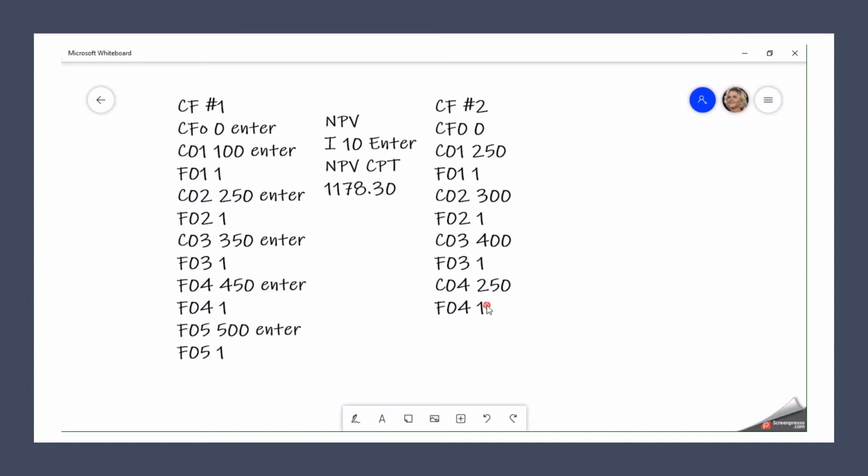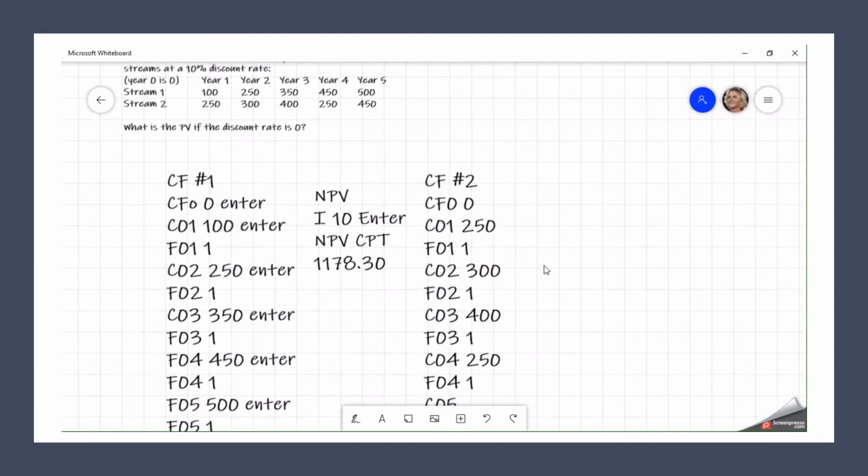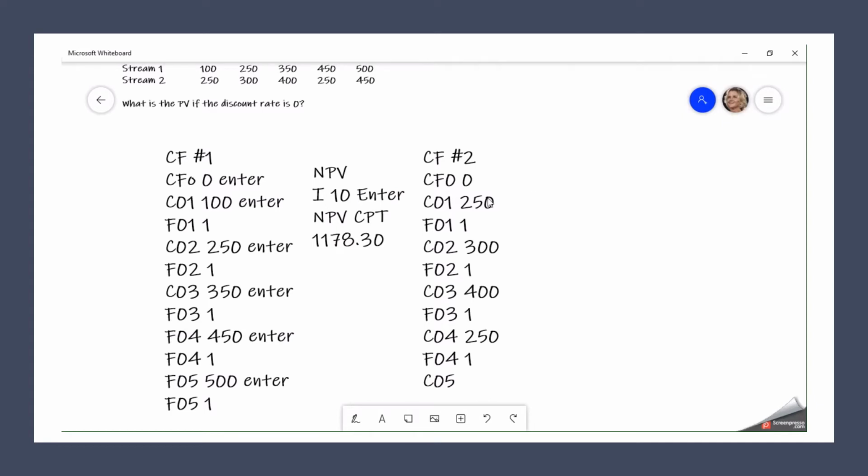Okay, then the cash flow for year 5 is 450, and that is a frequency of 1. Okay, so then we'll put that into our calculator.